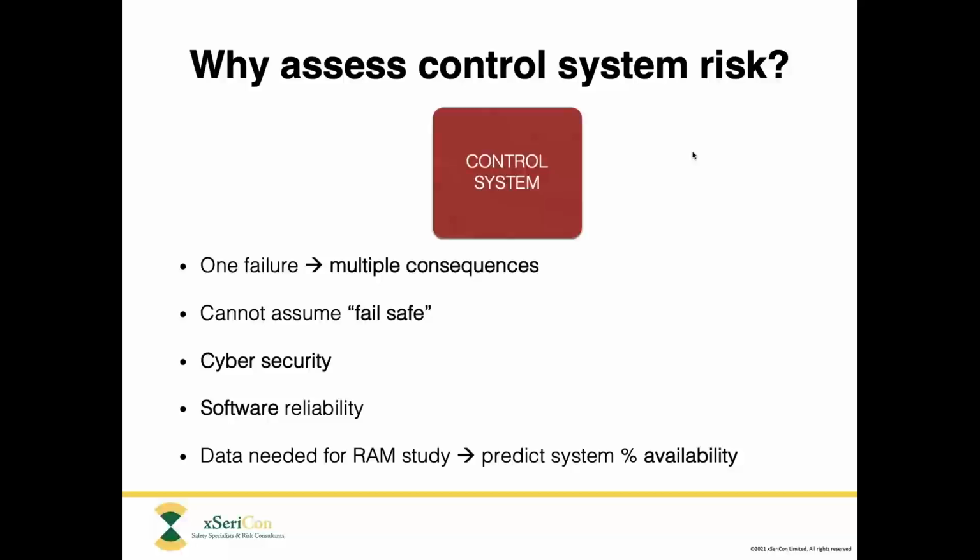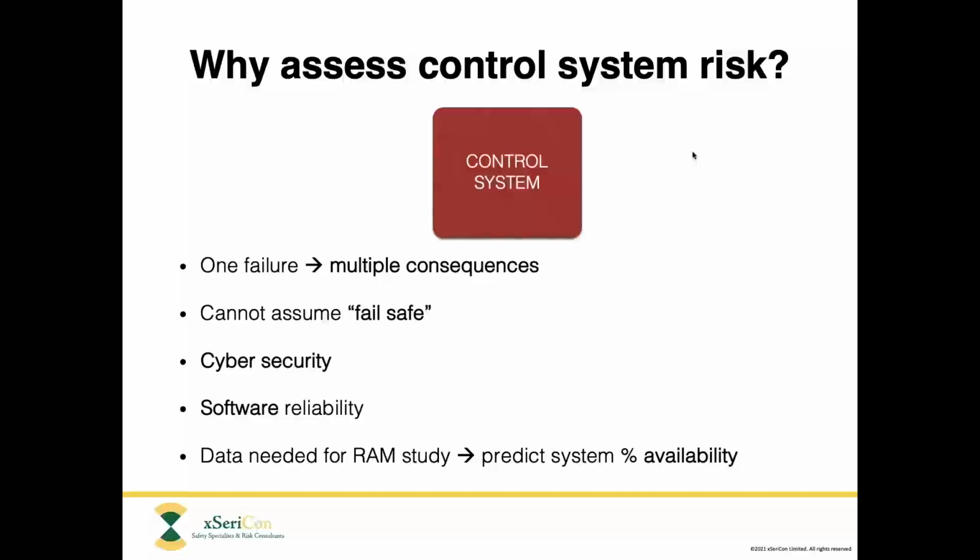If you imagine that we have one part of the control system, maybe the CPU or an I/O card, malfunctions, it could knock out a whole lot of control loops, of alarms, maybe even some safety barriers that are built into the system. And we need to be able to take into consideration the fact that we might lose a lot of functionality all at the same time as a result of a single point of failure.